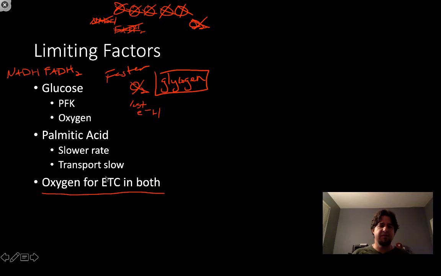Both of these pathways are dependent upon the electron transport chain, so oxygen is going to be a limiting factor in both. Specifically for glucose, or glycolysis, I should say, that's where we see our big buildup of lactate.